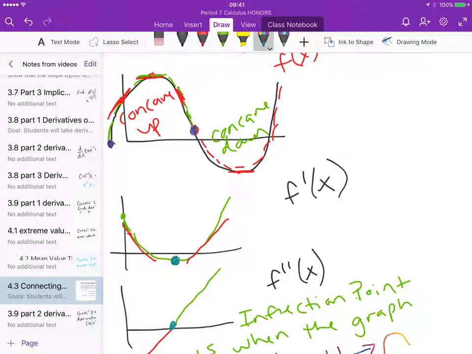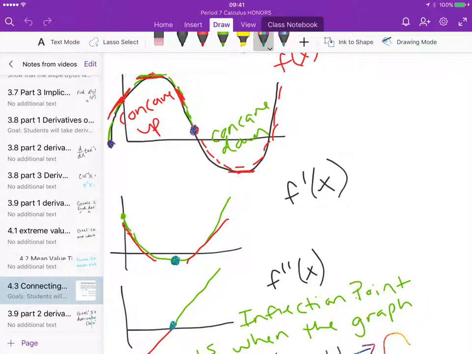So if it ever asks you, hey, how many inflection points will a graph have? Well, that's the number of times it goes from concave up to concave down, or the number of times that the slope changes of the function.